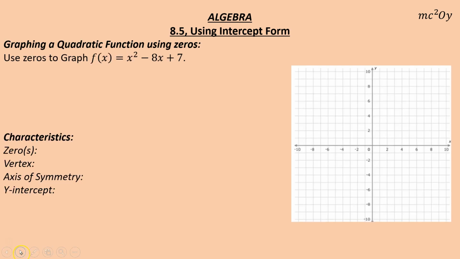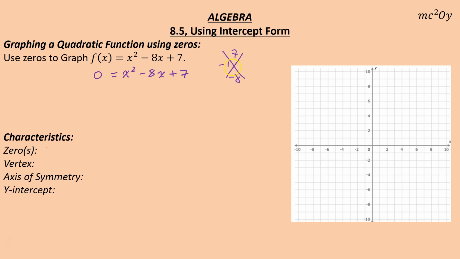Well, that's nice because if you ever have to graph and you're in standard form and you want to go to vertex form, just like we did with that smaller equation, you can do that fairly easily by factoring the function first. So use the zeros to graph it, meaning you have to set this equal to 0 and factor first. So if I do that, I end up with 7 and negative 8 there.